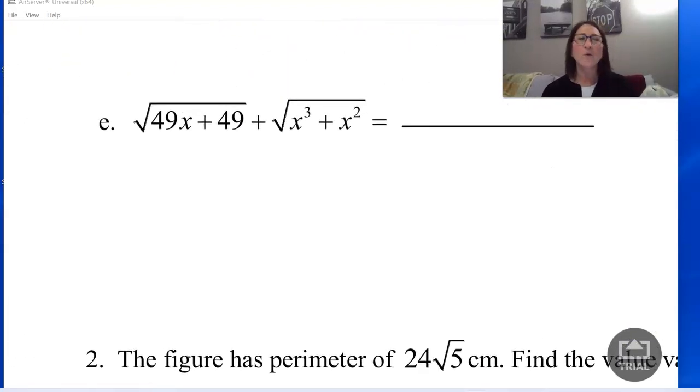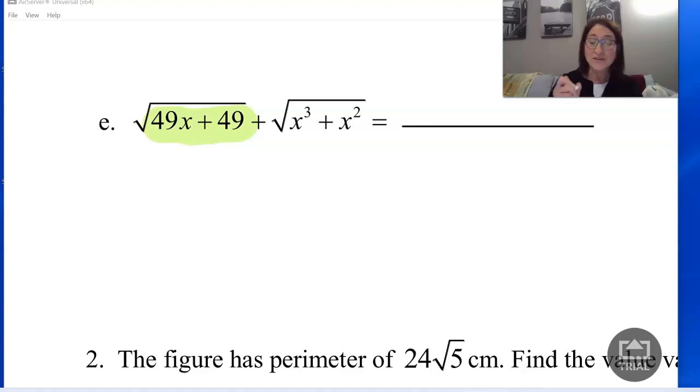All right. Wow. This one looks crazy. We haven't seen one with a plus sign in the middle. I'm going to give you a second to look at it. If we look at this radicand, the first obvious thing we notice is that there's a 49 in both terms.